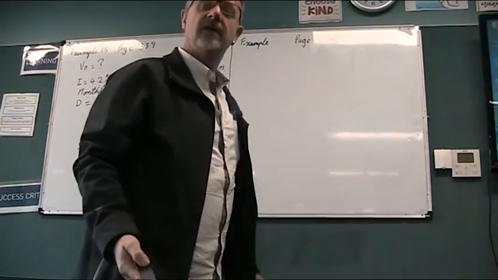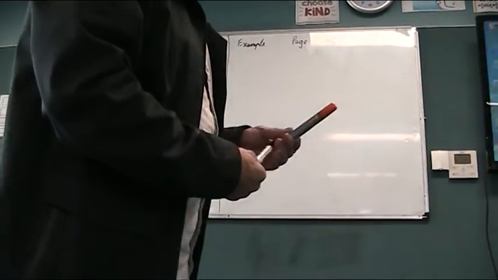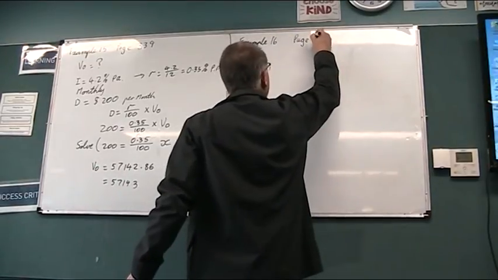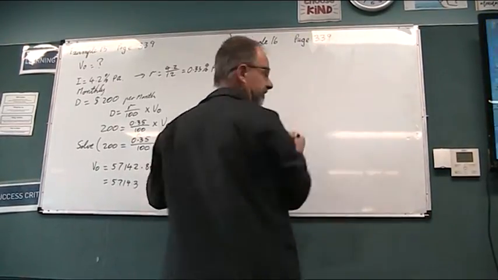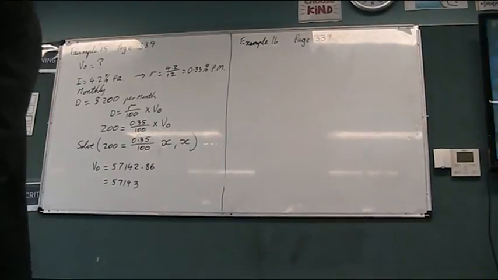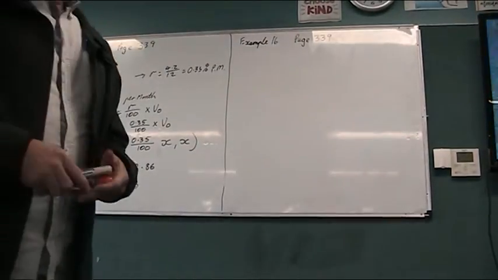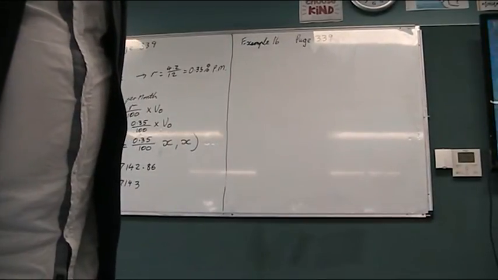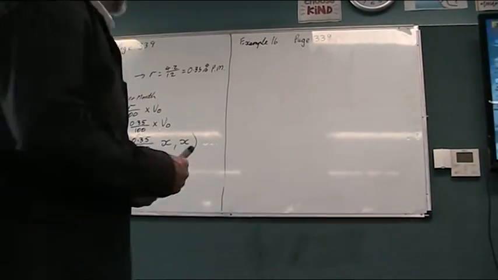All right, let's have a look at the next example where we do use the financial solver. So that's 16. Example 16, still on page 339. Okay, so it says a university mathematics faculty has $30,000 to invest.